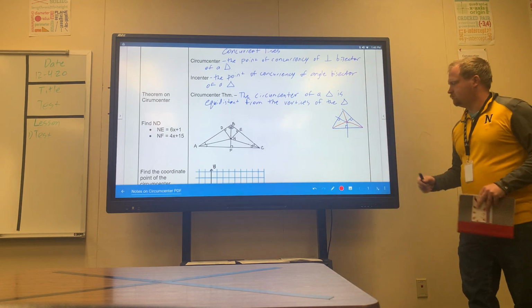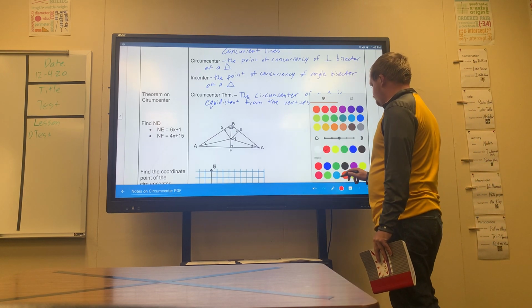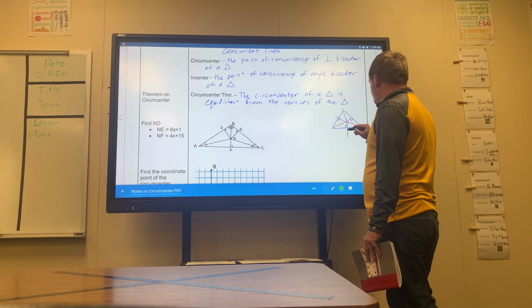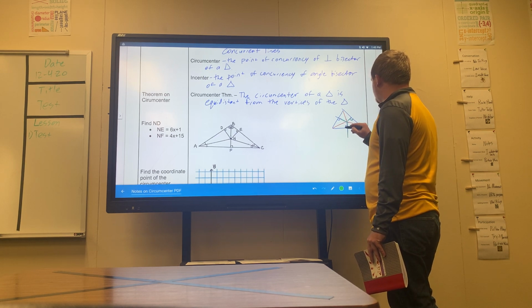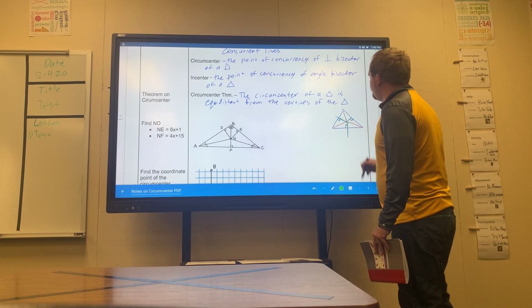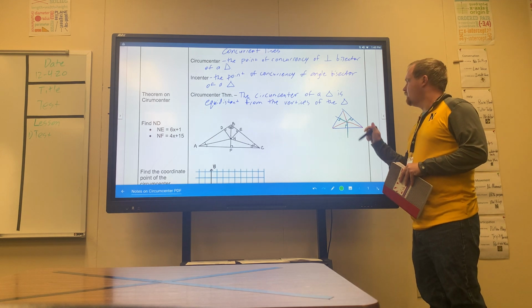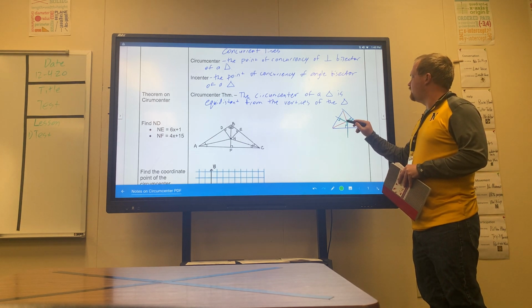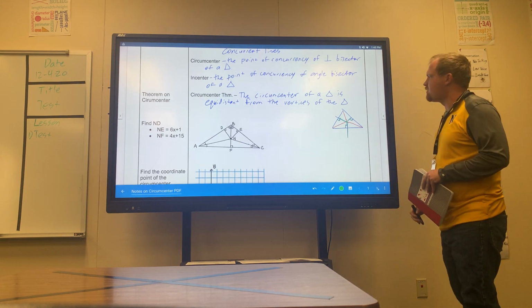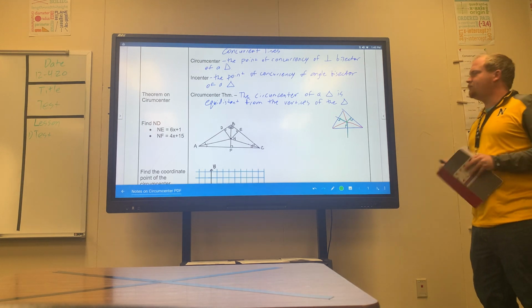So in the blue, let me make it green. So the green here is my perpendicular bisector, and I have all three at this point right here. Now, what's so unique about it?